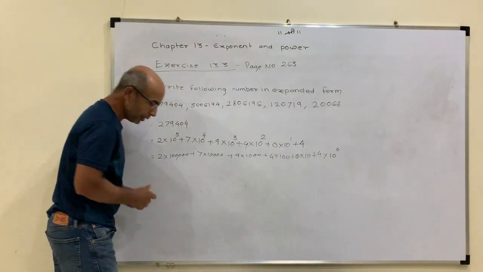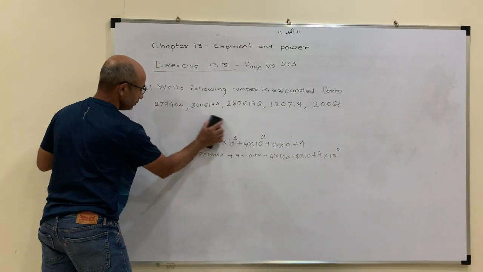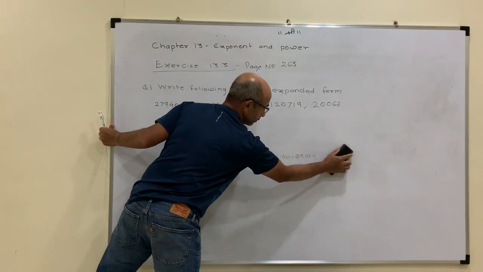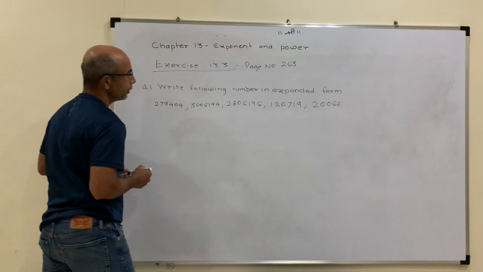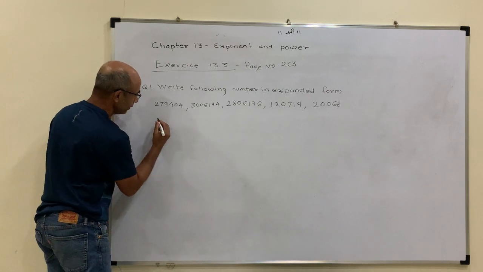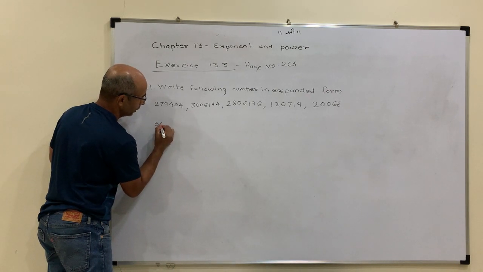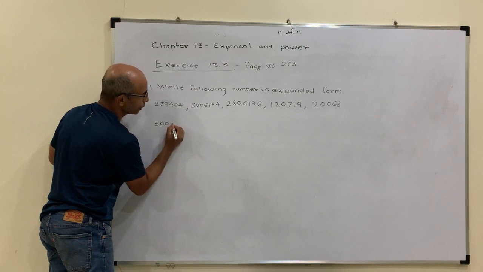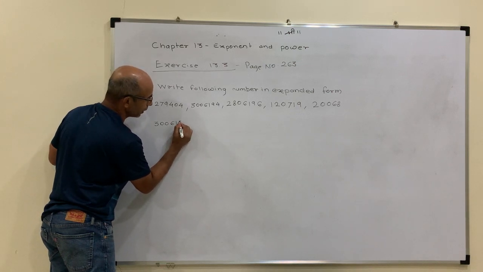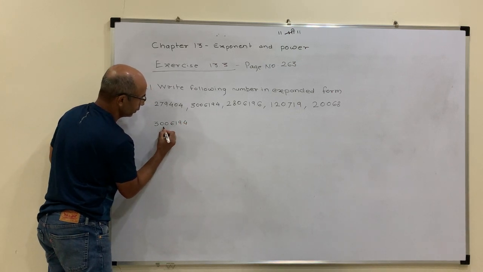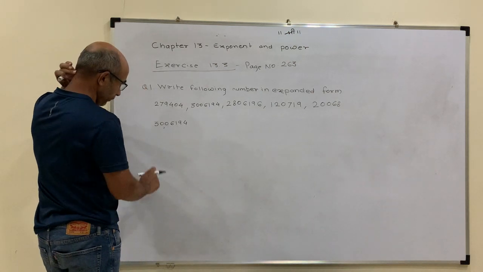Now let's move on to the next one. The next one is 3006194. So you can say 30 lakhs.